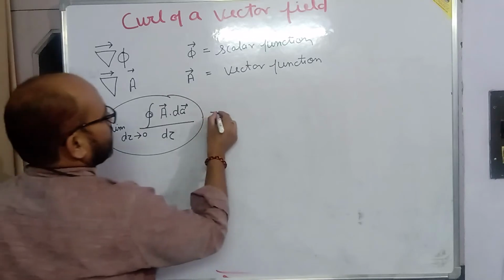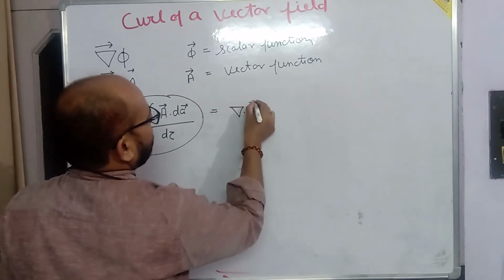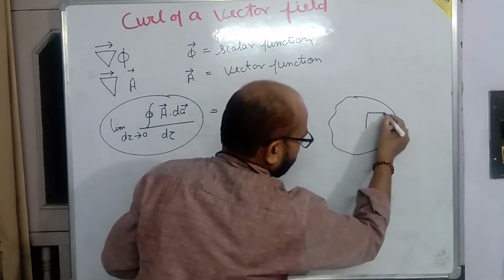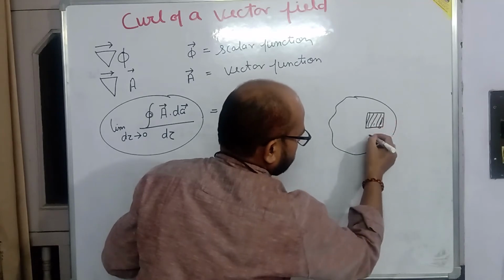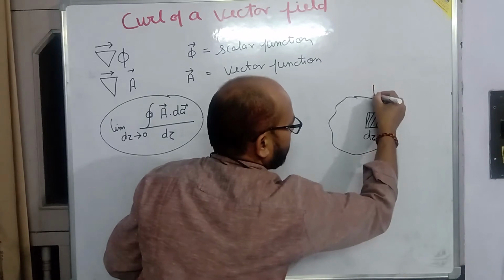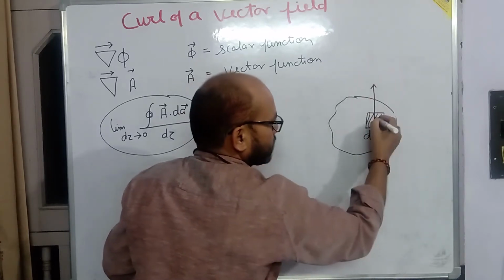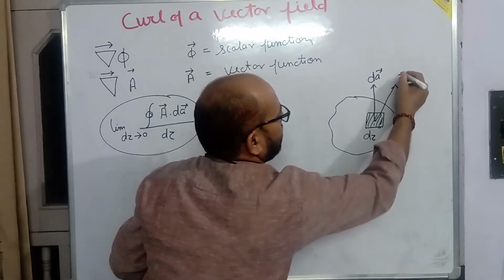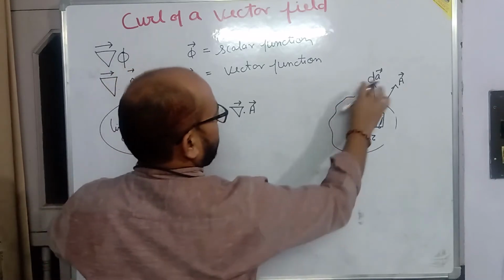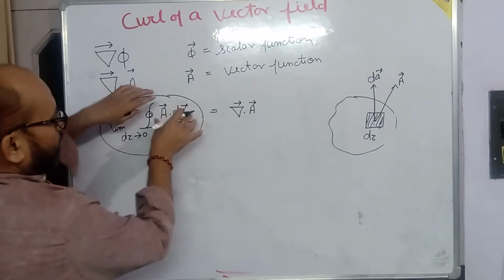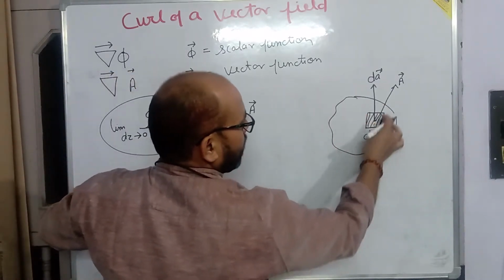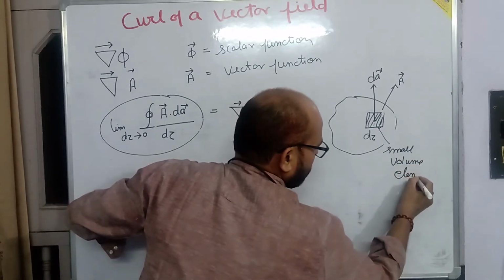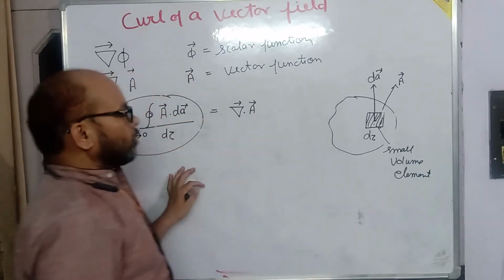This function is known as the divergence of vector A. Simply suppose any small Gaussian surface, whose volume is d tau, with area vector dA normal to the surface, and field vector A. To calculate the flux, A dot dA is divided by the small volume element, and this volume should tend to 0.